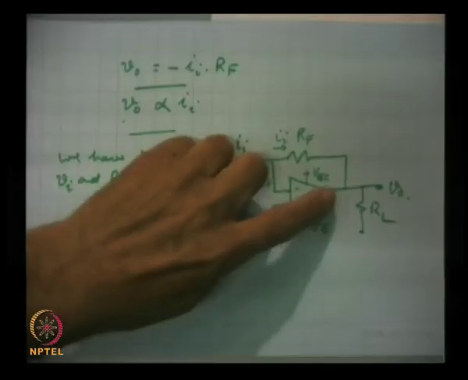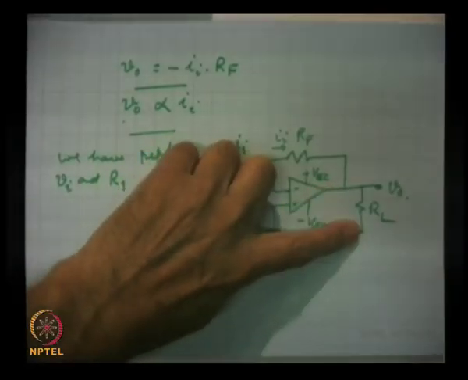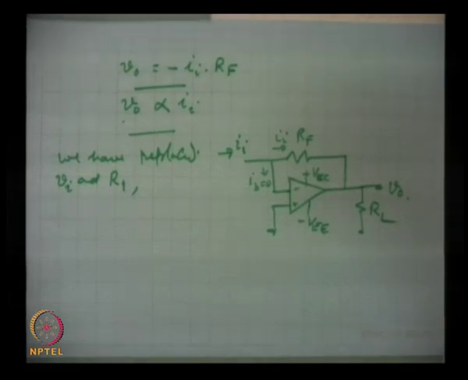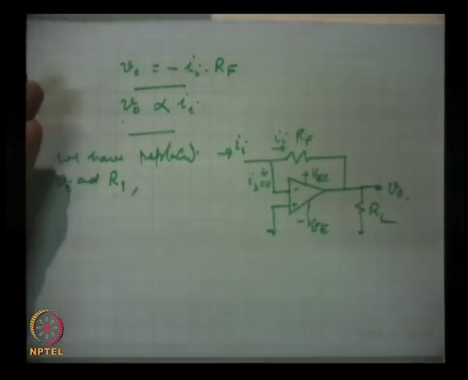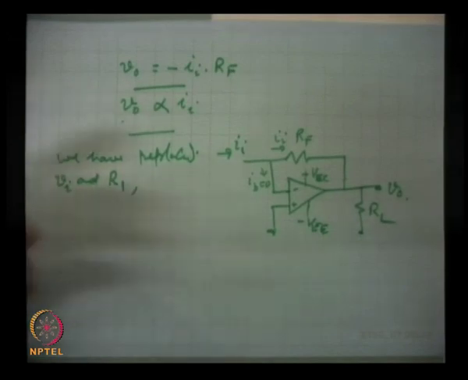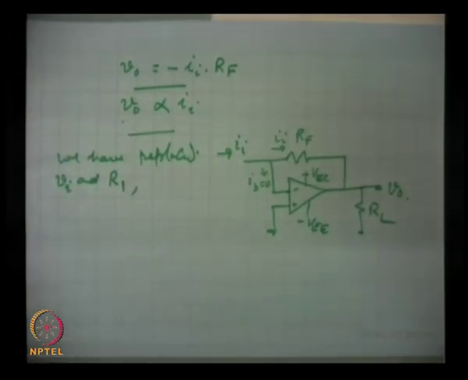So because the impedance is very low, this value of RL does not affect that, and it works in a perfect manner. And so applications, I said photo detector, that photo currents are converted into voltages, and so on. So this is another application.